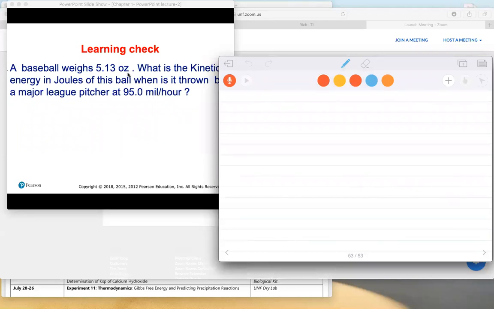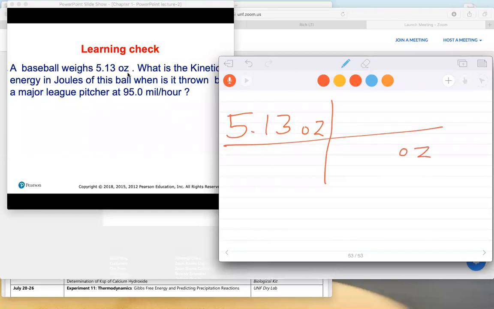So what we will do now is change this 5.13 ounces. If you don't know how to set it up, you want to cancel ounces right there. You are looking for grams.